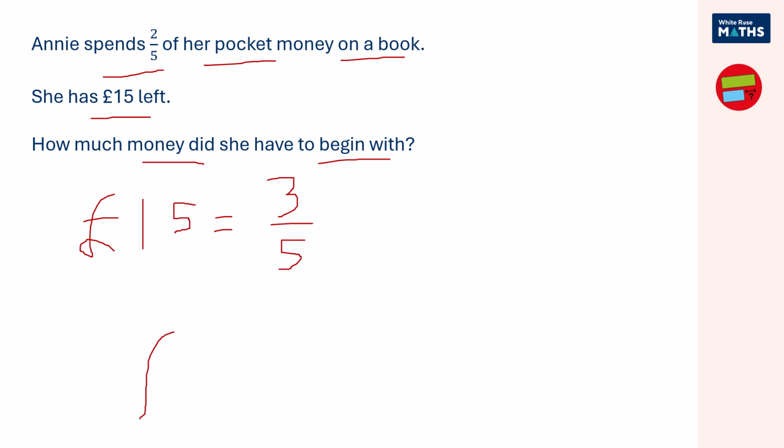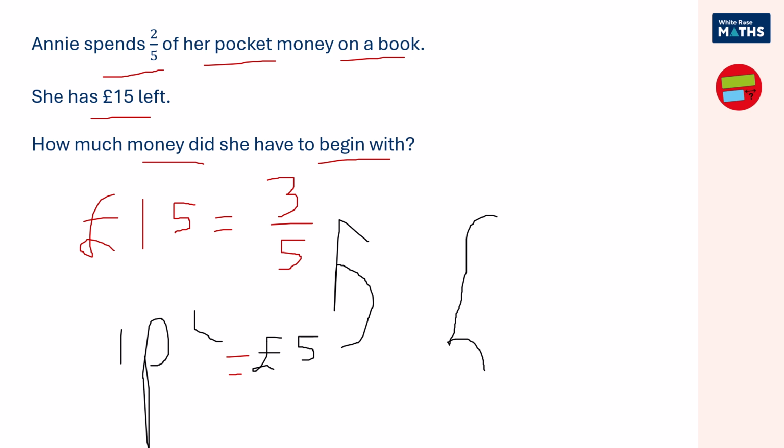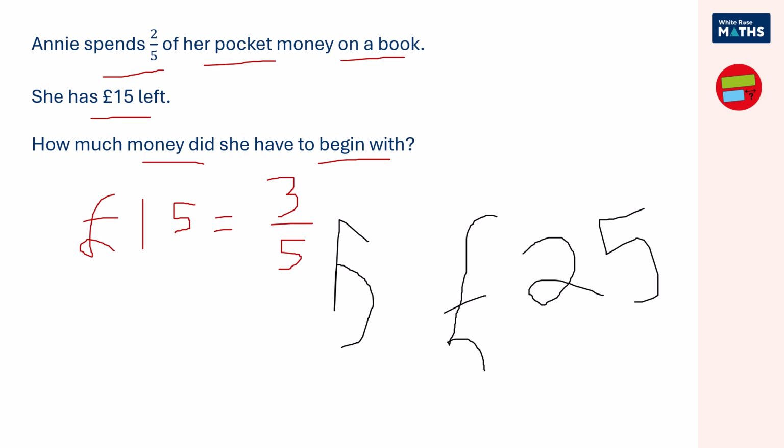So to work out 1/5, 15 divided by 3 is going to be 5. So 1 part, 1/5, equals £5. So to work out the full amount, we do 5 times 5. Sorry guys about my handwriting. We get 25.